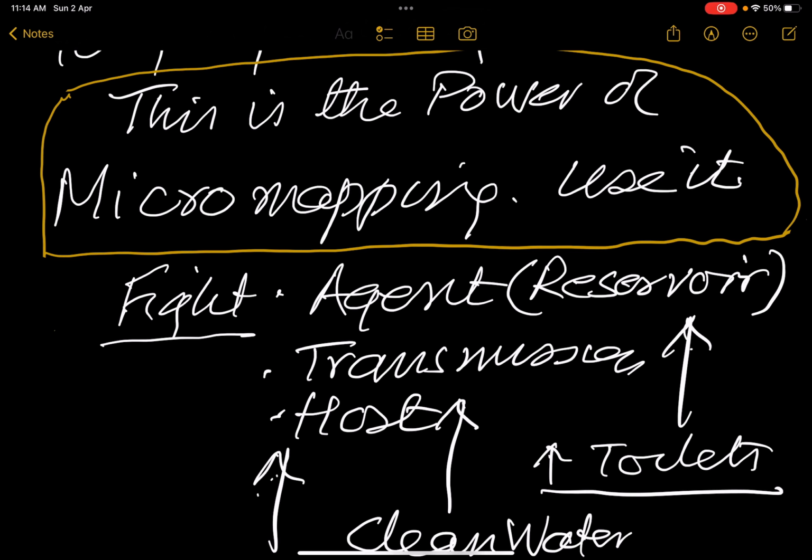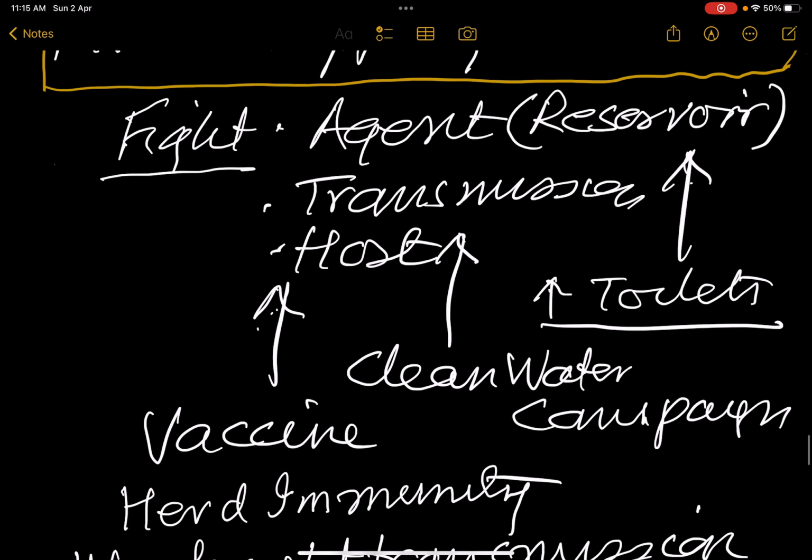Fight the agent, that means the reservoir: prevent people from using the north bank of Saryu for stool cleaning purposes. Increase the toilets, prevent transmission, use clean drinking water, and deal with the host by providing vaccine or herd immunity, and by making him clean his hands and use clean water.